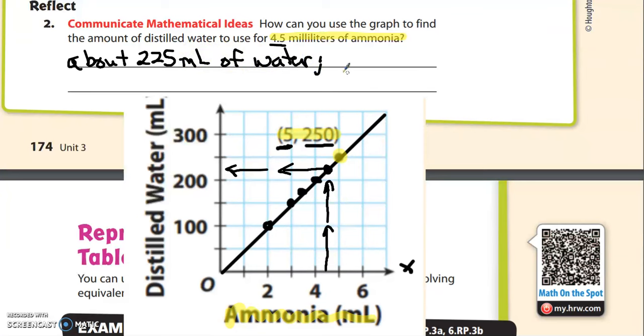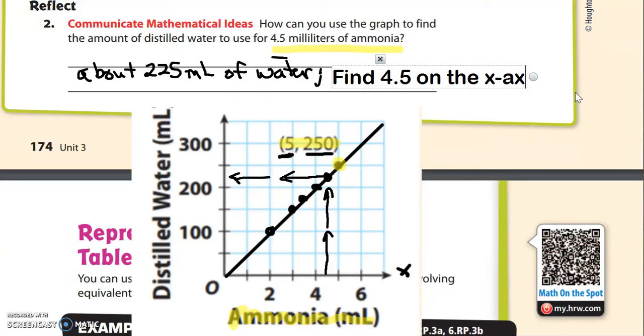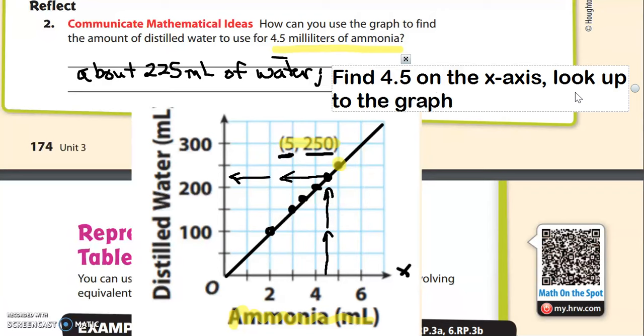The question says, how can you use the graph to find the amount of distilled water? Well, what I would say is this. I'll type it. What I just did, what I tried to show you was this. Find 4.5 on the x-axis, comma, look up to the graph, and by the graph I mean the line, comma, you know what I'm going to say? I'm going to revise this.